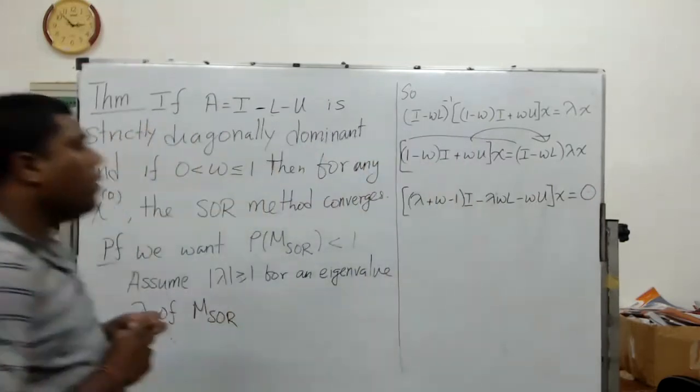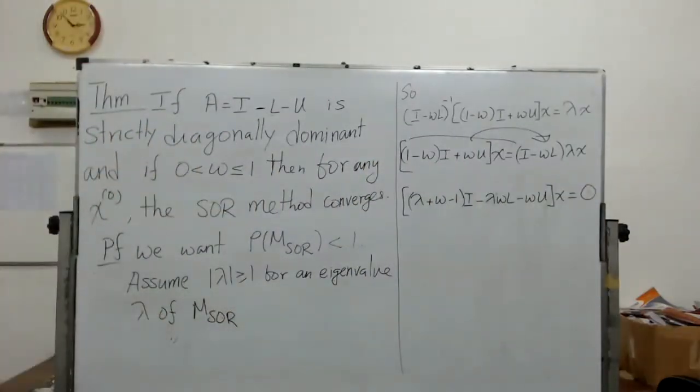Okay, so if I move everything to the other side, I will get lambda plus omega minus 1 times I minus lambda times omega L minus omega U is equal to 0, right?